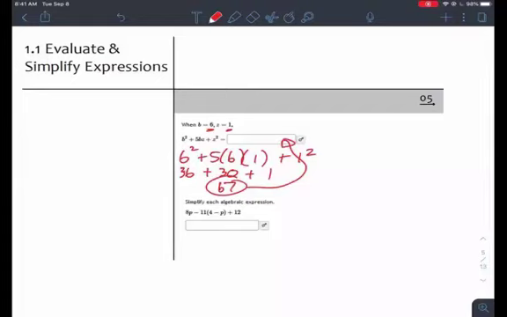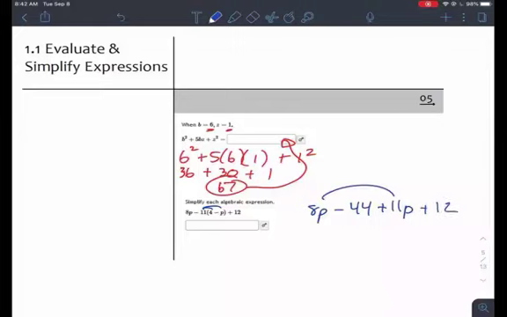Now, it may be that you're given expressions but not asked to evaluate numbers for them, just to simplify. If that's the case, you combine all like terms. So here I would distribute my 11. So 8p minus 11 times 4 is 44. Minus minus becomes plus 11p plus 12. And now I can combine my like terms.